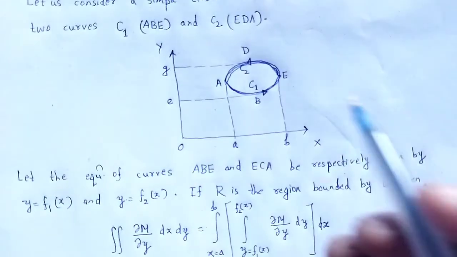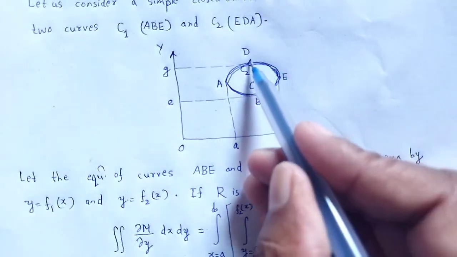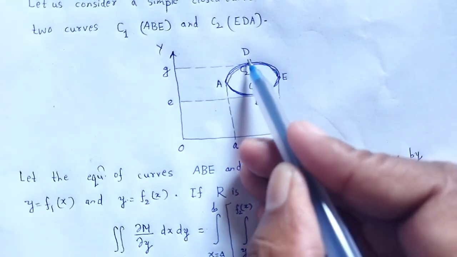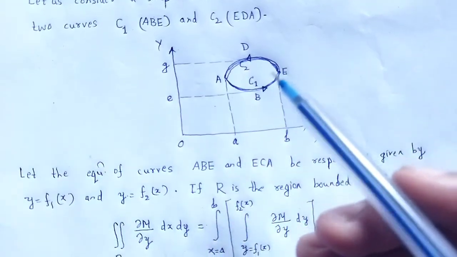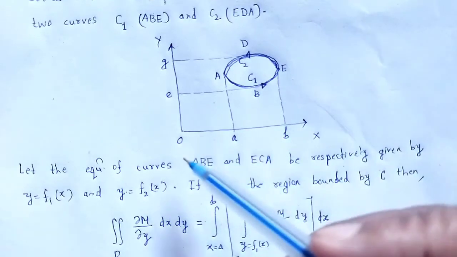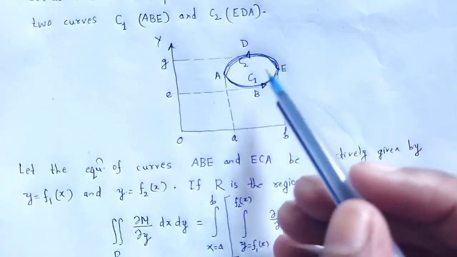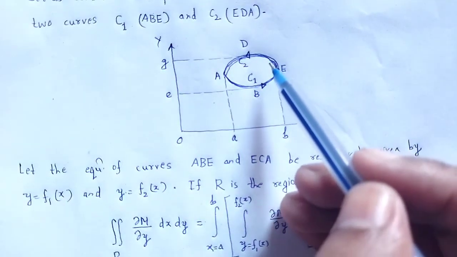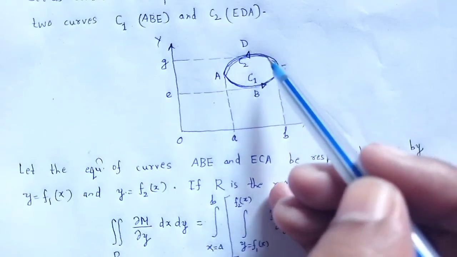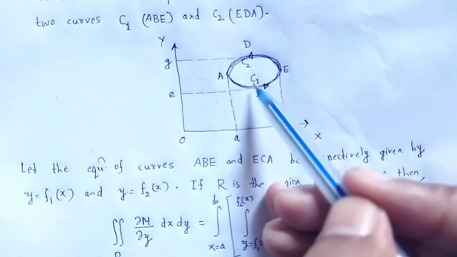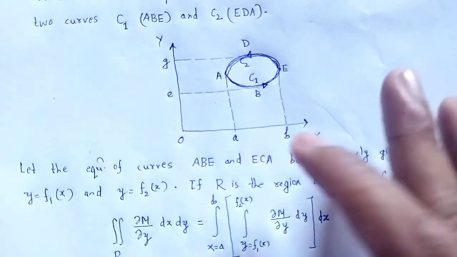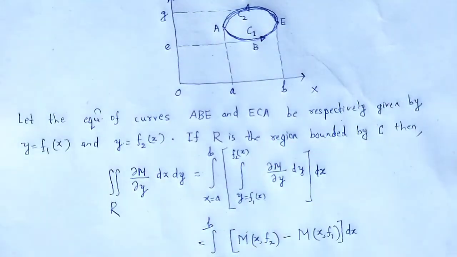Now we consider this curve ABE and EDA, but for the y limit we consider again two curves, that is DAB and BED.